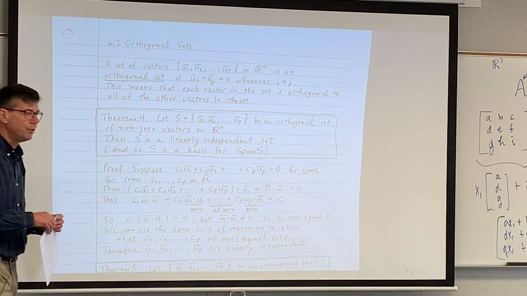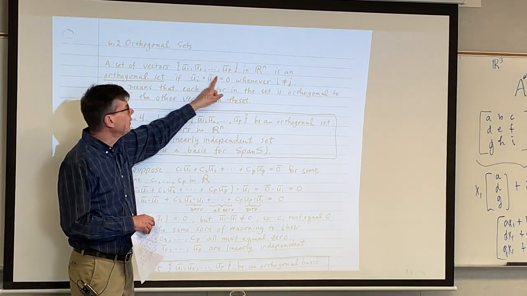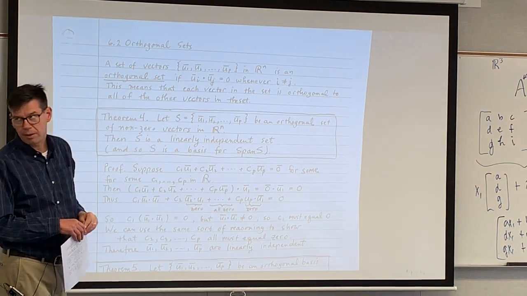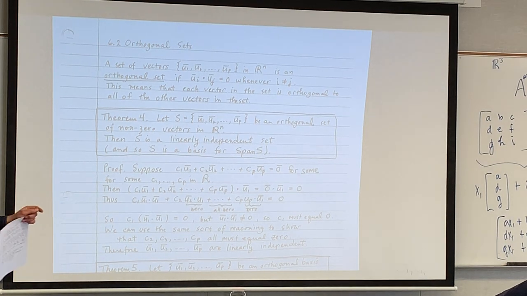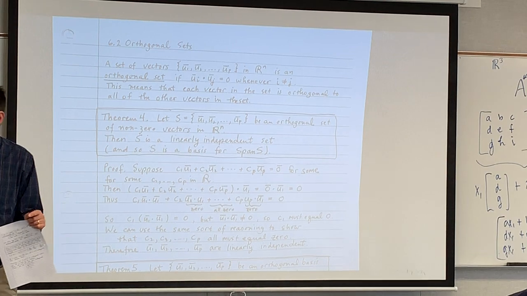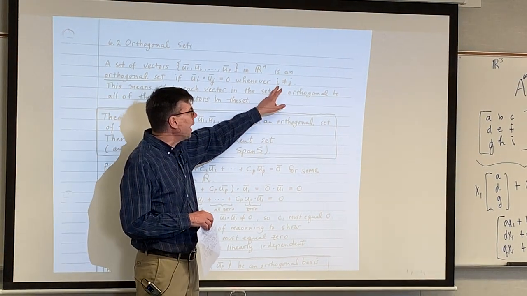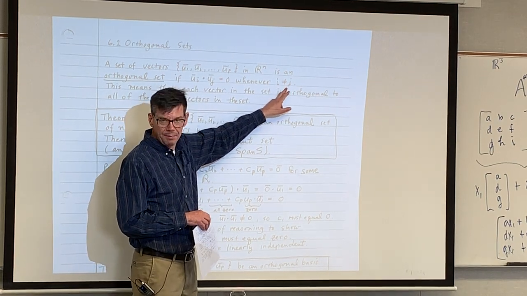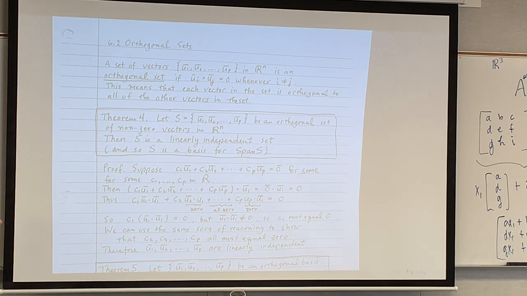U1 is orthogonal to all the other ones, U2 is orthogonal to all the other ones, up and down the line. With two vectors, there's only one way they can be orthogonal to each other. With three vectors in R3, your famous i, j, k vectors form an orthogonal set. There's no connection to the i and j here; this is just a subscript. It's got no vector meaning.